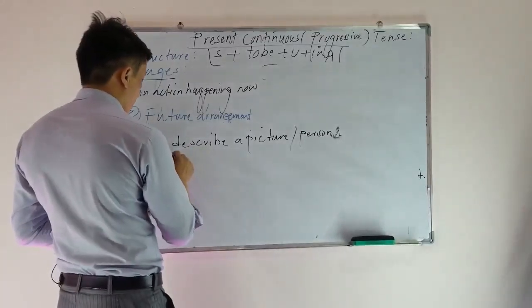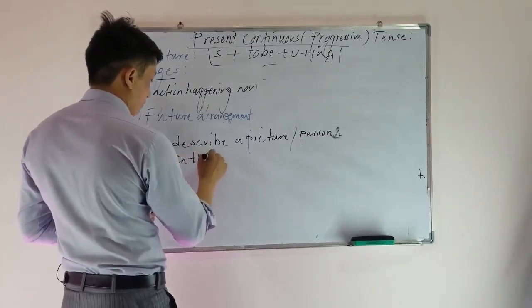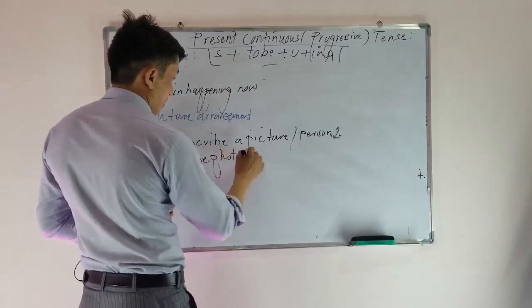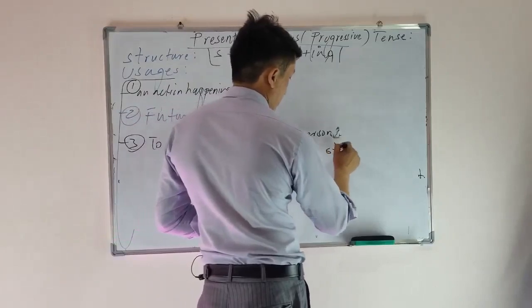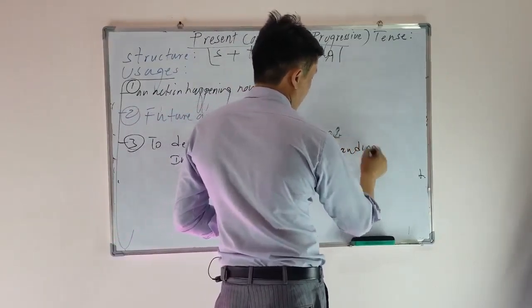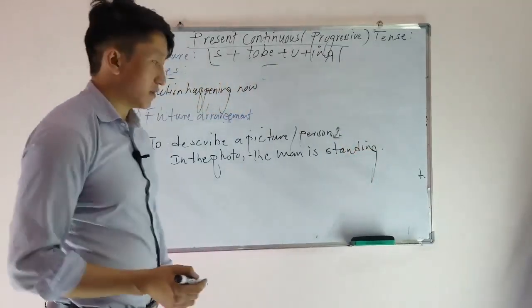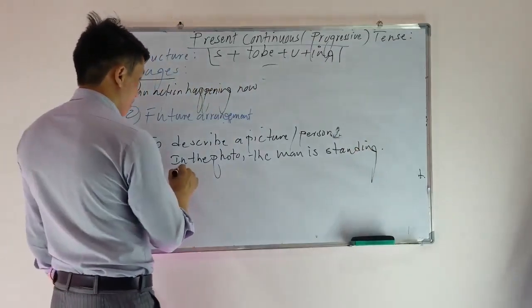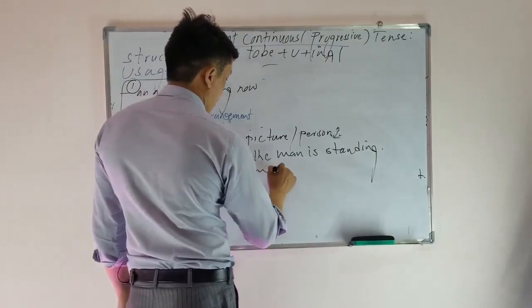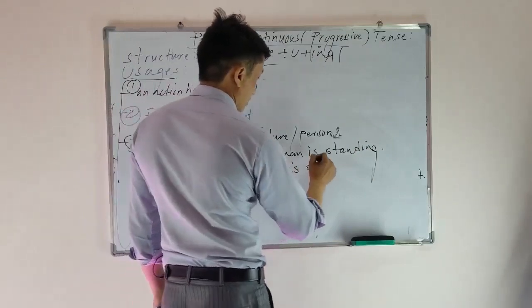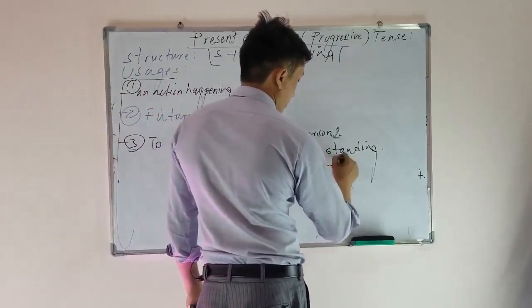For example, if I say in the photo, the man is standing. We don't say the man stands. We have to say the man is standing. And we can say the woman is sitting on a chair.